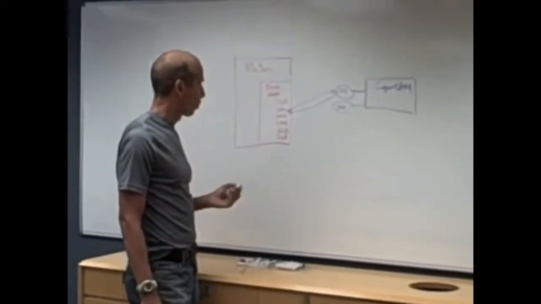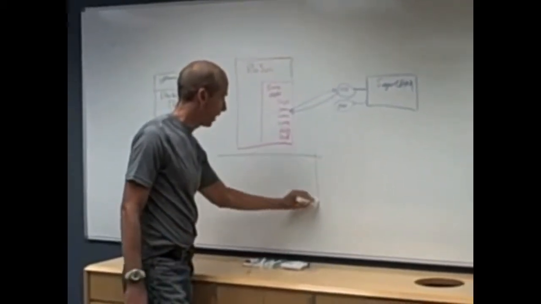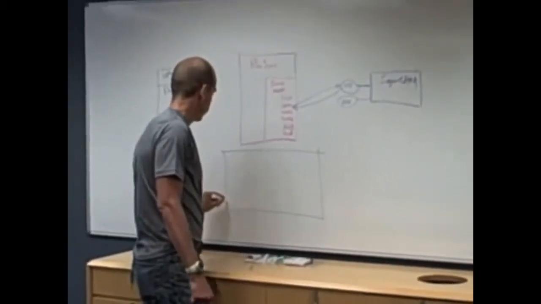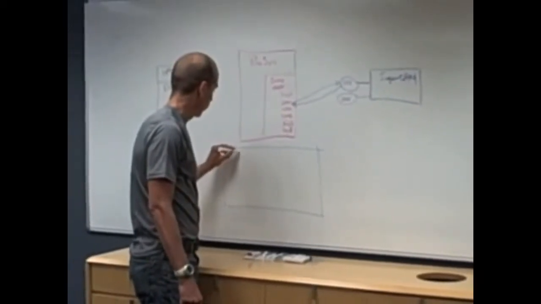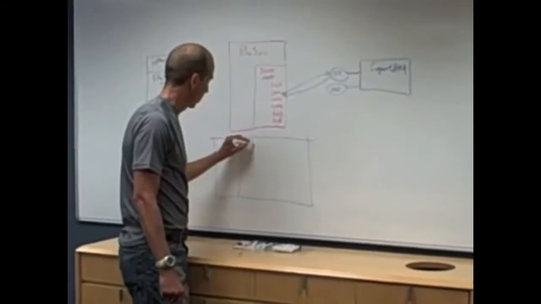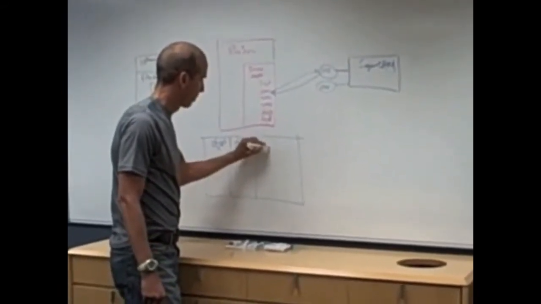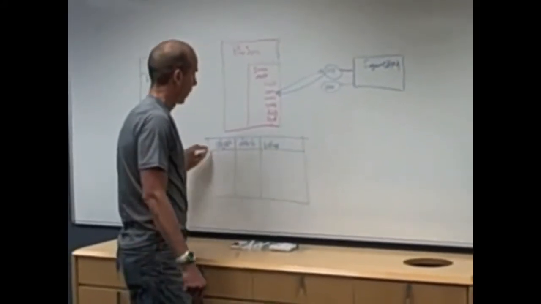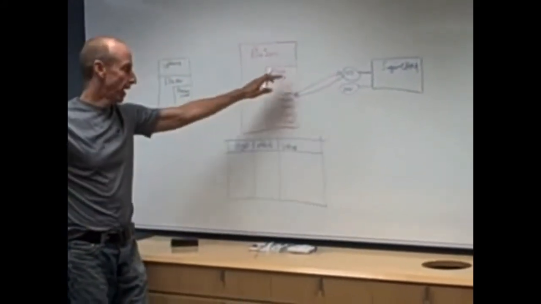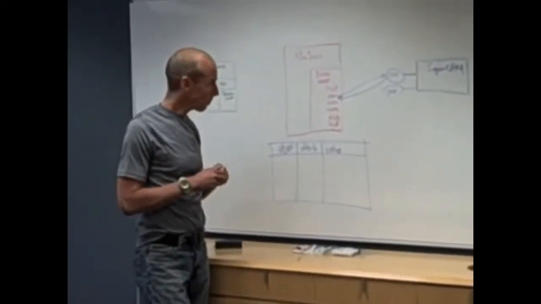And then what RhoSync does is it stores this data in a big table. And this table has object, attribute, and values. And so it's going to take all the data from the back end and store it in the object, attribute, and values tables.